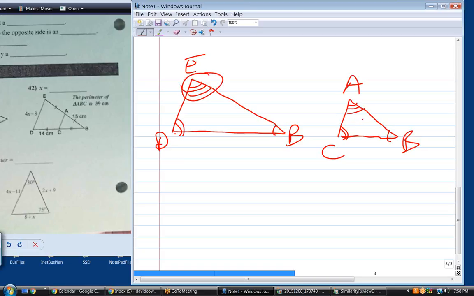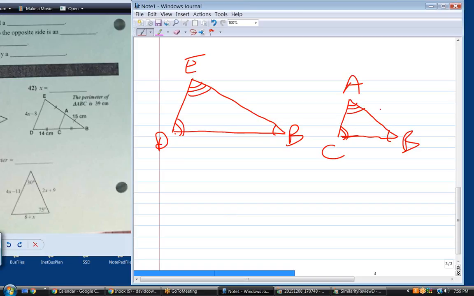So even if I had this rotated 90 degrees and drawn upside down, I merely need to find the side that's opposite that angle, and that's CB. Okay, so that's the best way to determine your corresponding sides. And that's the most important thing you generally want to know.